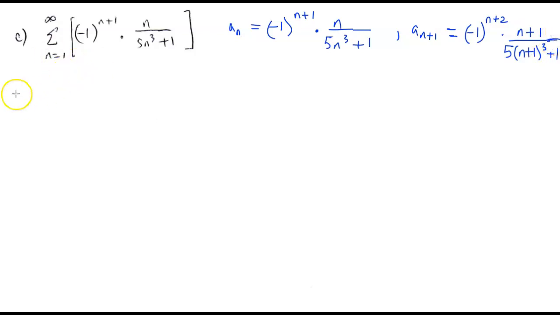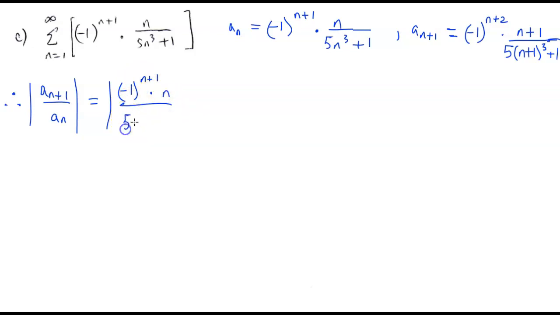Now we need to figure out the absolute value of a sub n plus 1 divided by a sub n. I wrote the wrong one there, so let's get the correct one.